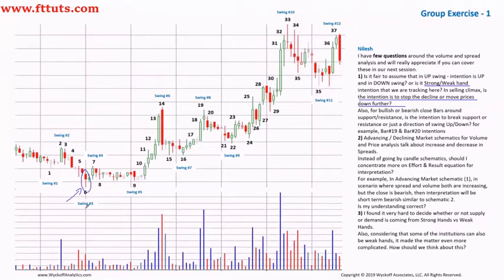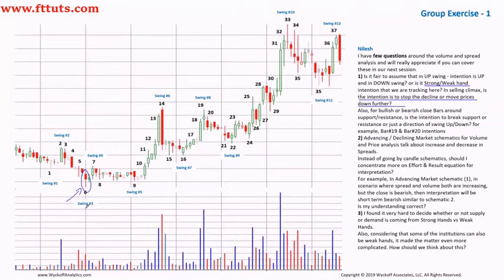There is no bad, devious intention behind the composite man. The only intention by the composite man is simple. It's the same intention as for you and for me, which is to make money. So the composite man is going to come in at the point of value and liquidity that they consider to be their point of entry.